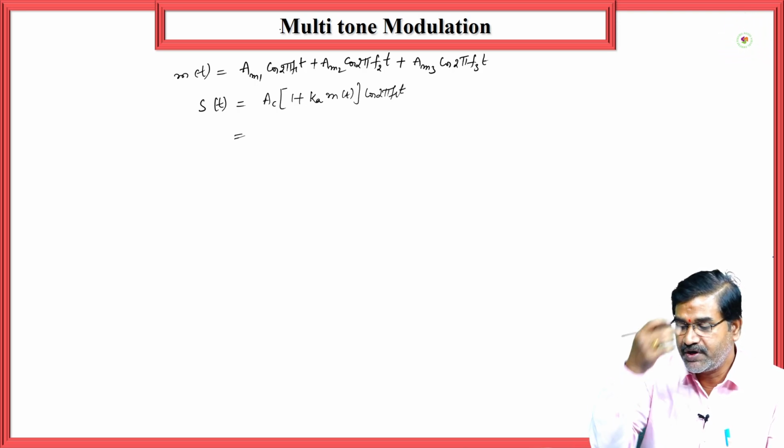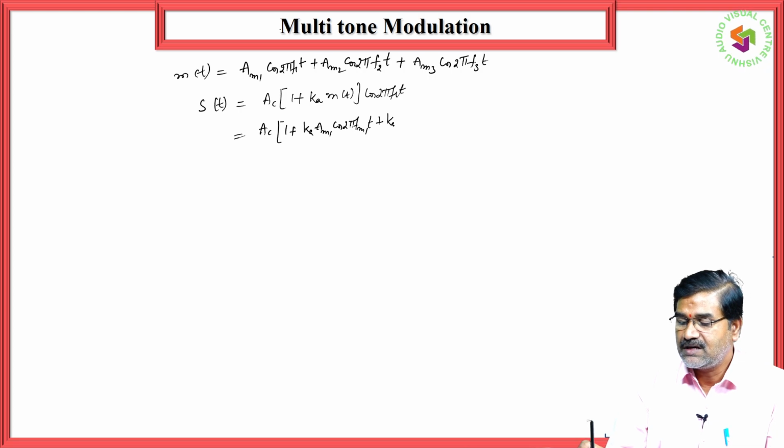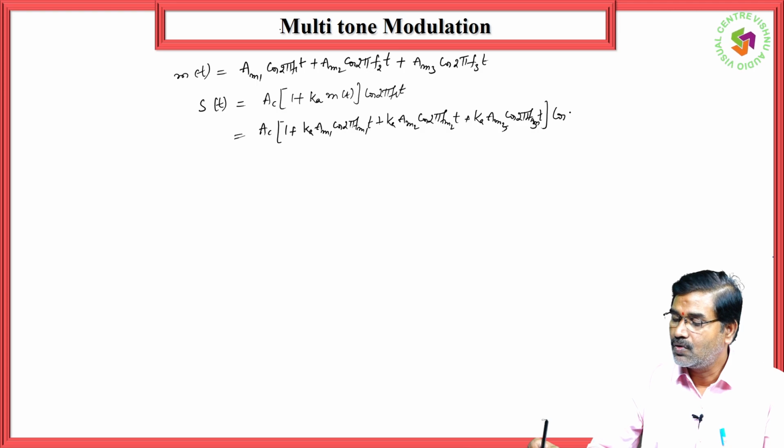Now I will substitute the respective equations instead of m of t: 1 plus Ka Am1 cos 2 pi fm1 t plus Ka Am2 cos 2 pi fm2 t plus Ka Am3 cos 2 pi fm3 t, into cos 2 pi fc t.